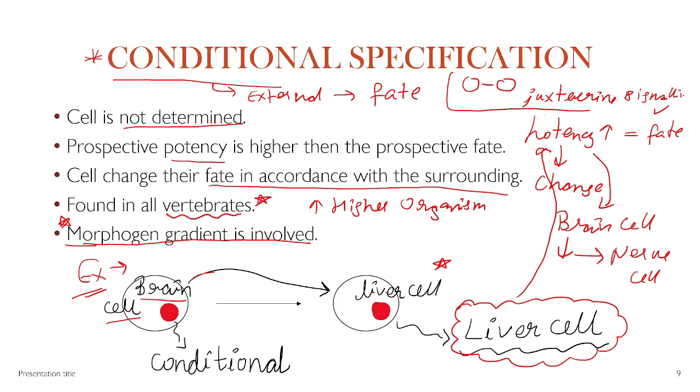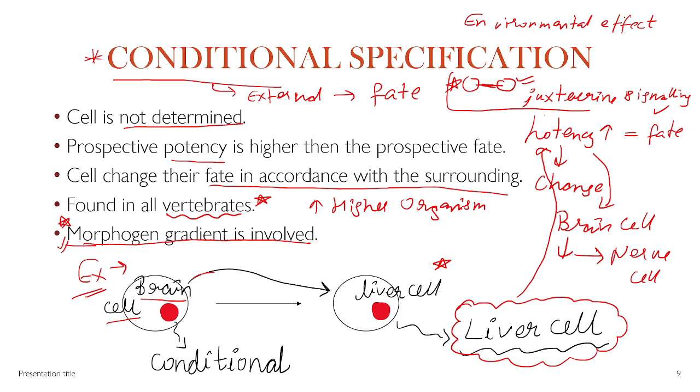Juxtacrine signaling is that signaling in which when cells interact, they pass on signals. So conditional specification can be done due to this type of juxtacrine signaling. Or we have seen morphogen gradient, due to morphogen gradient also, or any external environmental effect also, it can change its prospective fate.